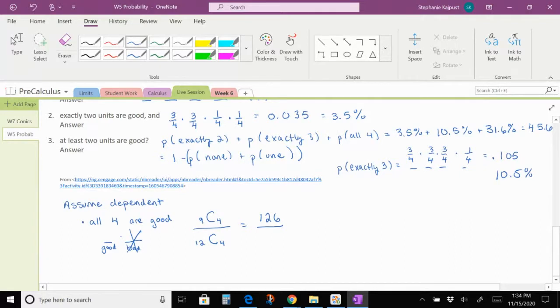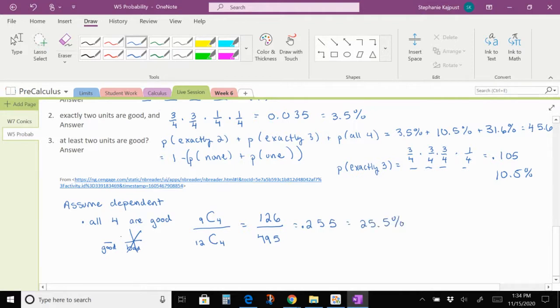So that's 126 possibilities, and 495, which comes out to 0.255 or 25.5%.